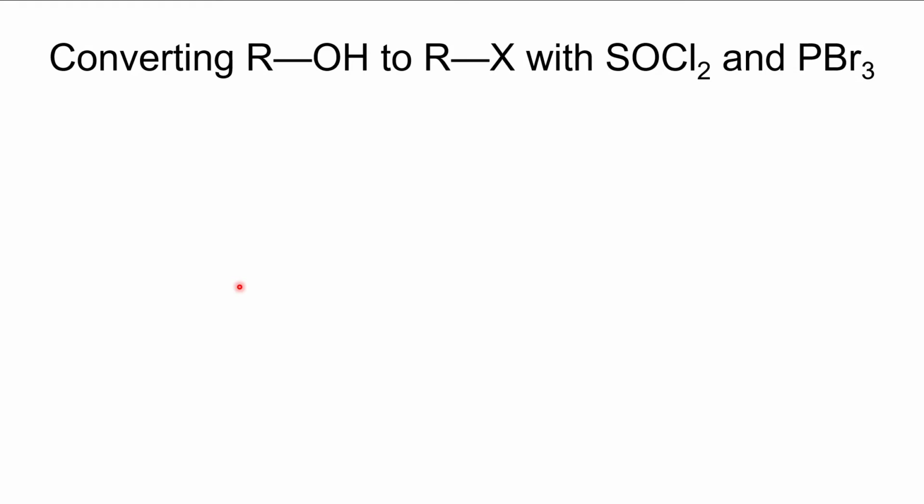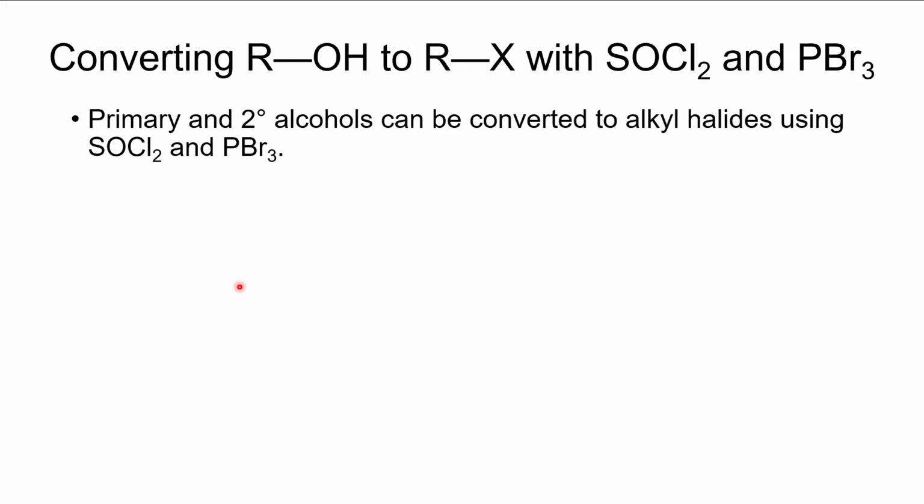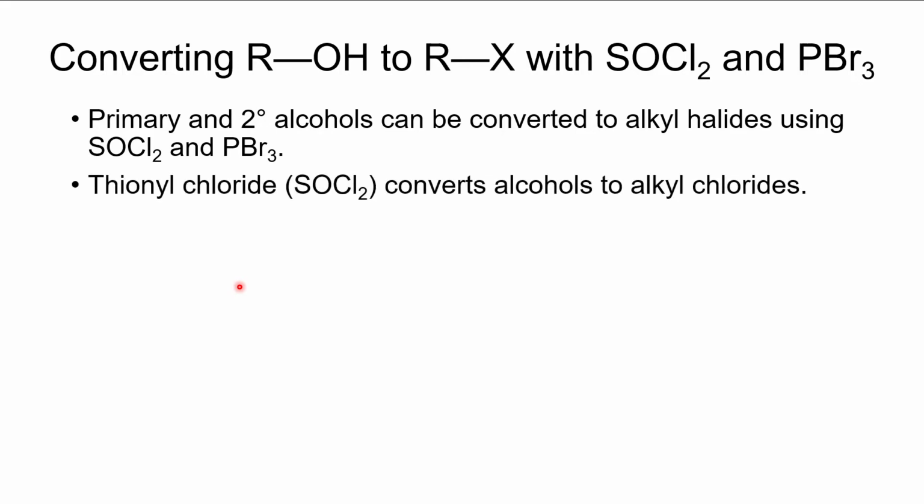So we want to convert the alcohol into the alkyl halide, but sometimes we just don't want to use HCl or HBr, and so we can pick a different option, and the different option is only available to primary and secondary alcohols, but we can use thionyl chloride and phosphorus tribromide as options.